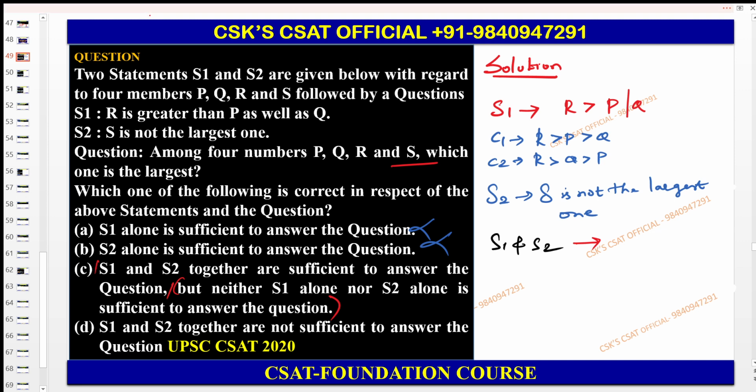R is the largest by combining these two. So by combining statements 1 and 2, we can conclude that S1 and S2 together are sufficient to answer this question. The option that S1 and S2 together are not sufficient is also wrong. Together they are sufficient. Everyone understood this one?